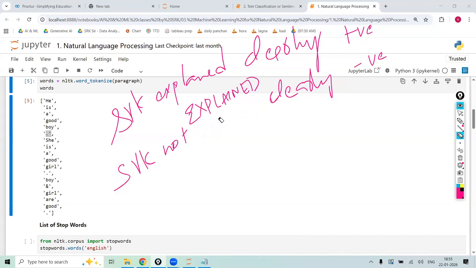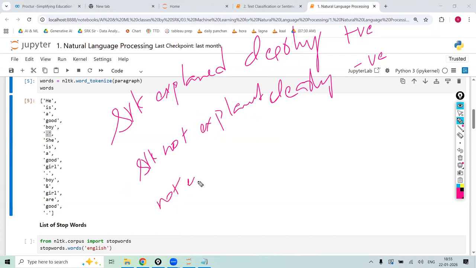For example, instead of "SRK not explained clearly," I'm writing "not explained clearly SRK." Now I have brought the first word into the last position. Whether it is a positive sentence or negative sentence, positive or negative, guys? Still it is negative only.